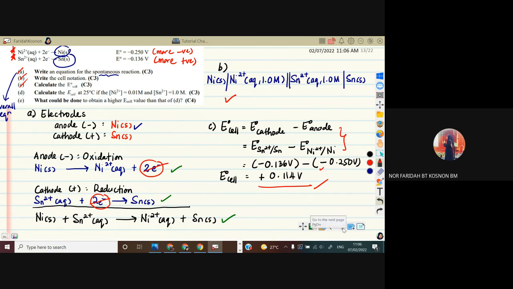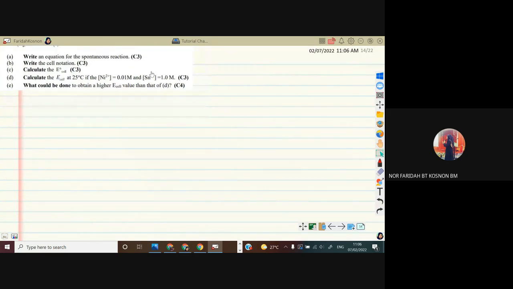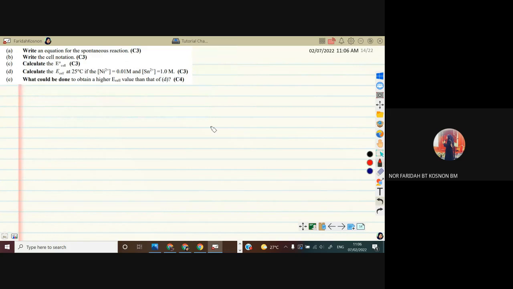Alright, question D. You are going to calculate, ni saya naikkan sikit, calculate the E cell. Okay, cell potential, E cell kat sini, nampak? At 25 degrees Celsius, if the concentration of nickel ion is 0.01 molar and the concentration of tin ion is 1.0 molar. Okay, so tadi, just now, we have already calculate the standard cell potential, E node cell.